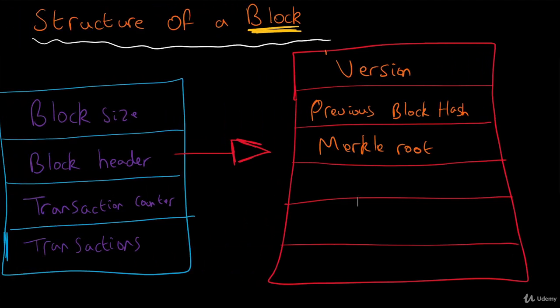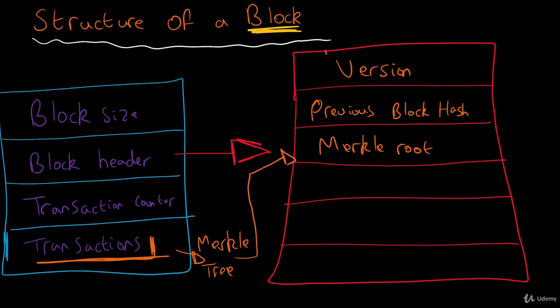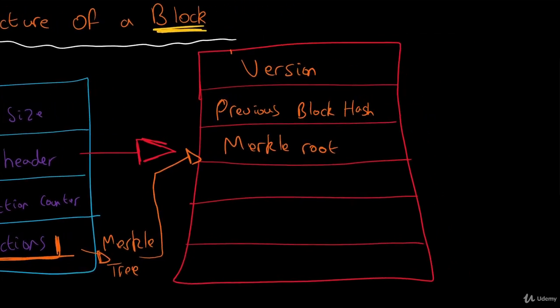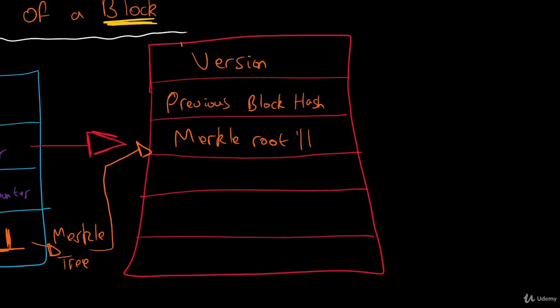So all of these transactions are pumped into a Merkle tree and it comes out with a Merkle root. If one of the transactions were to be modified, changed, removed, or any change to the overall transactions were to occur, then this Merkle tree would result in a different Merkle root hash.